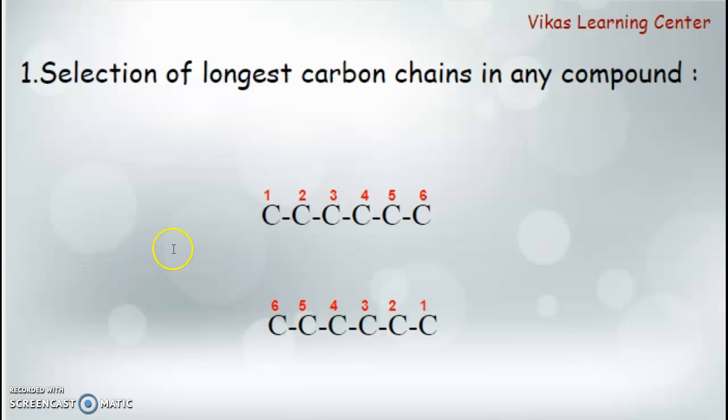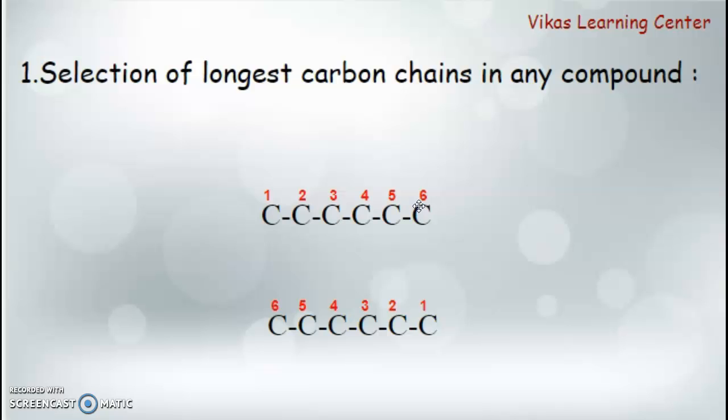If you start numbering 1, 2, 3, 4, 5, 6, you get 6 carbon atoms. Well, if you number it from the opposite end as well, you will also get 6 carbon atoms. So you can observe one thing, that the number of carbon atoms in the longest carbon chain remains the same.